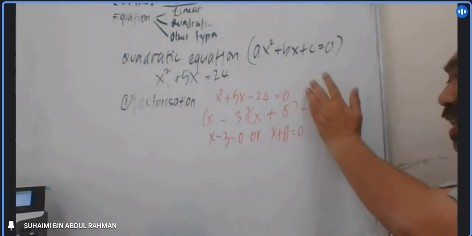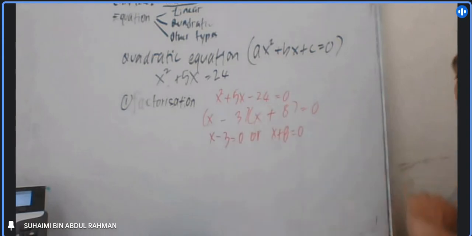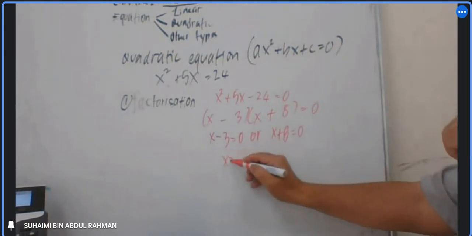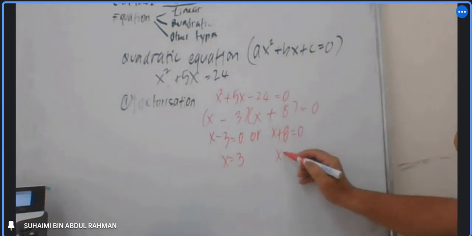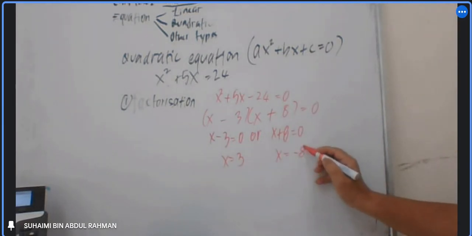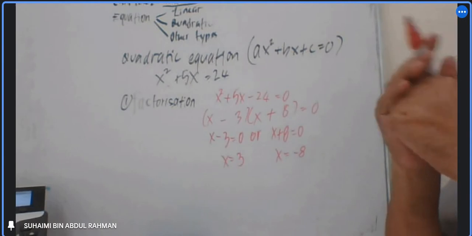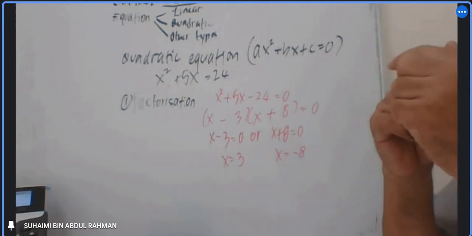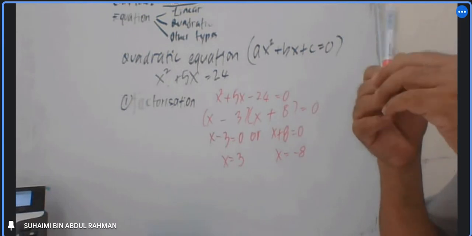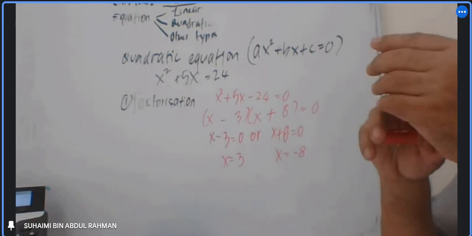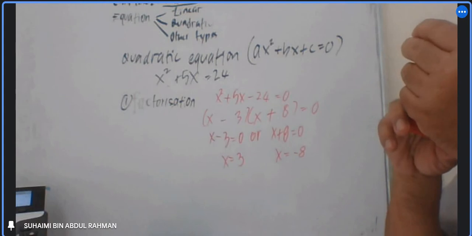Only when right hand side is 0, we can use zero product property. So we have x equal to 3, x equal to minus 8. Two values of x.